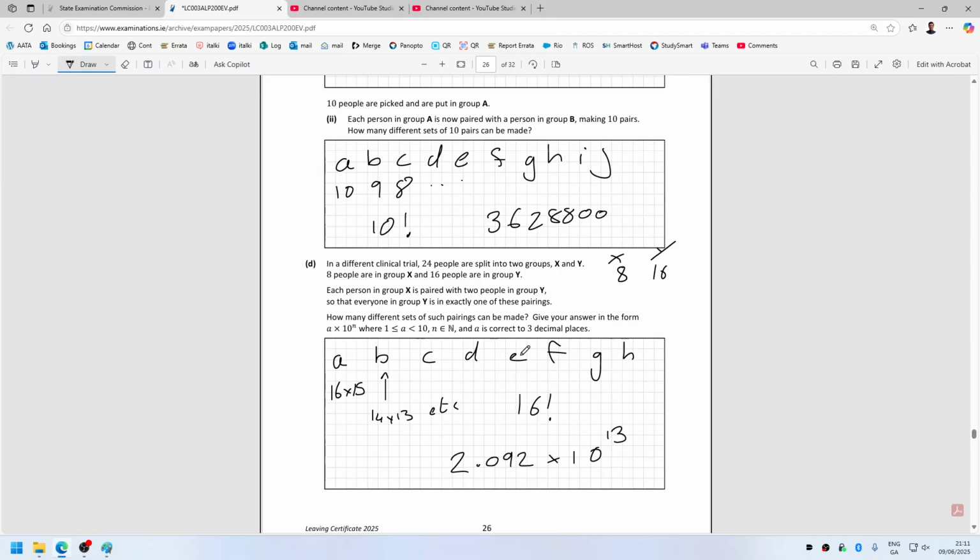I guess they want to know how many different sets of such pairs can be made. What does that mean? How many different sets of such pairs can be made?